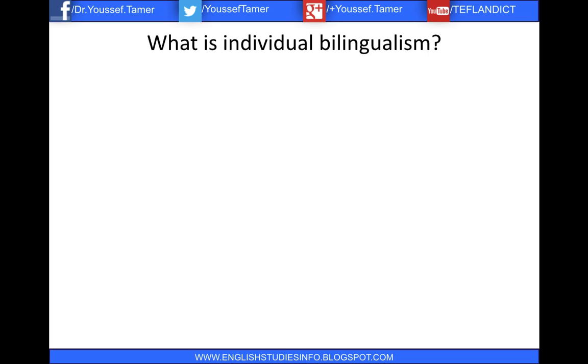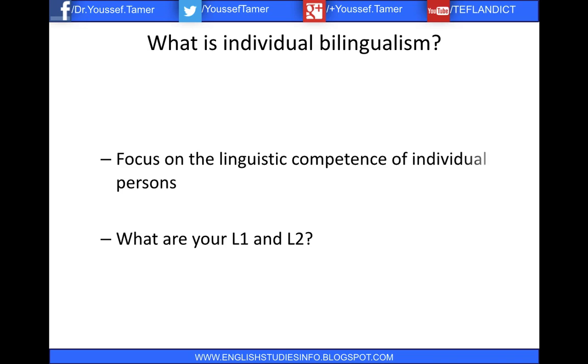So let's move on. Individual bilingualism. Here we focus on one individual. We focus on the linguistic competence of one person, individual persons.